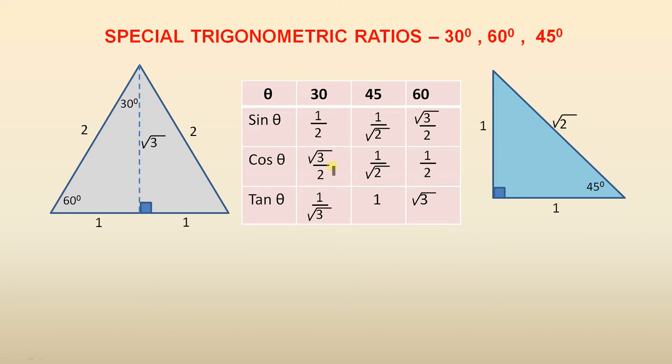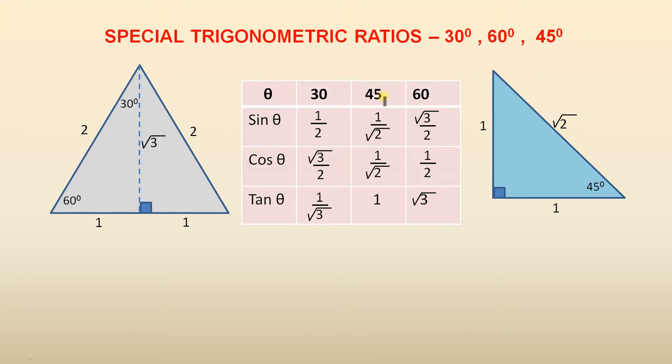The cos of 30 is the square root of 3 on 2, so cos of 30 is adjacent over hypotenuse, square root of 3 on 2. The tan of 30 is 1 over the square root of 3. Tan of 30 is opposite over adjacent, and that's why it's 1 over the square root of 3.